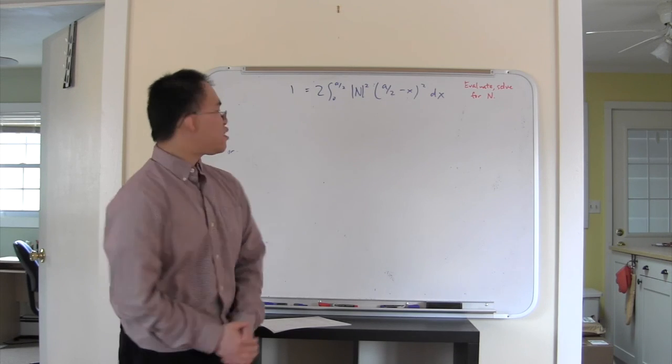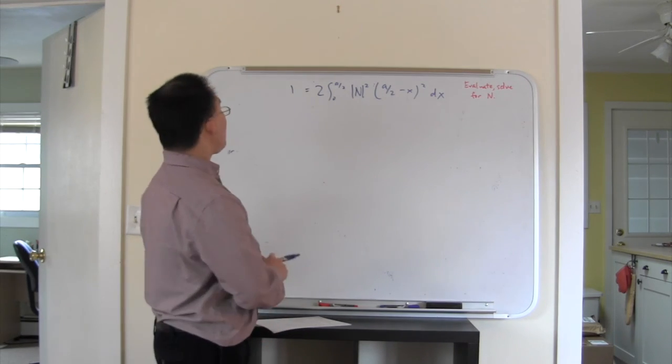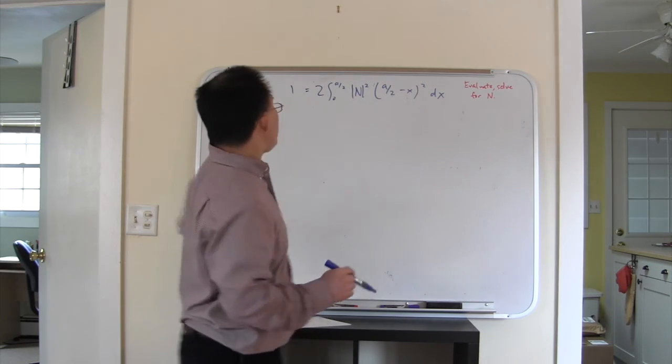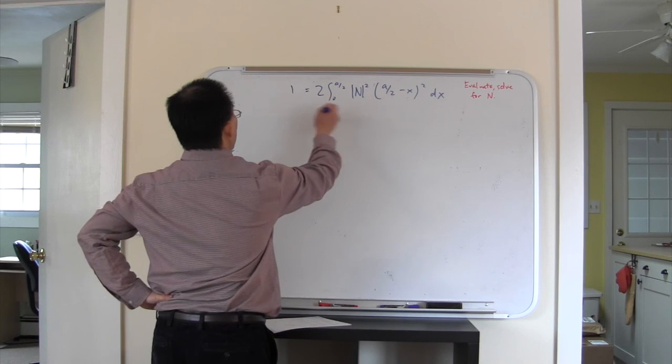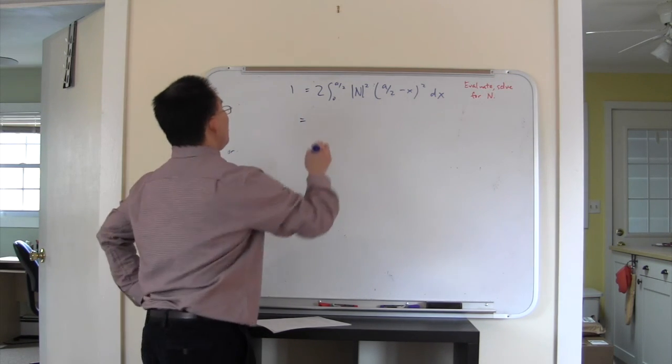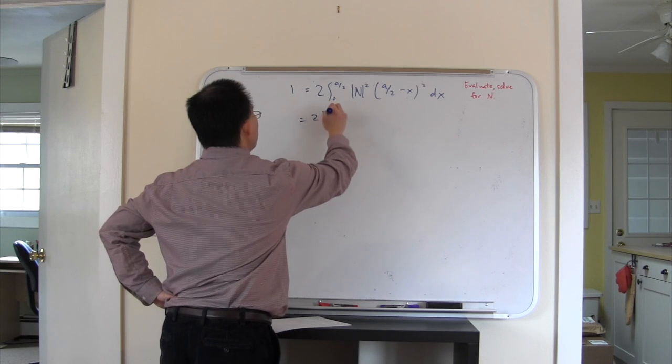Okay, so let's carry on here. Let me start by just multiplying this out. I can pull out the modulus squared of n, since that's a constant.